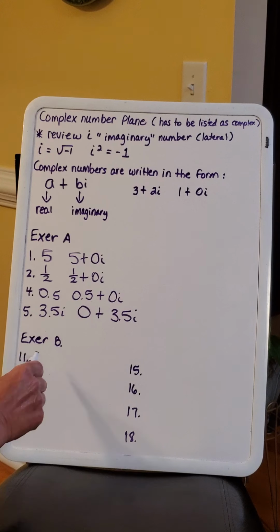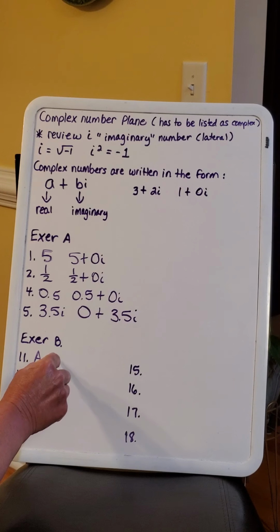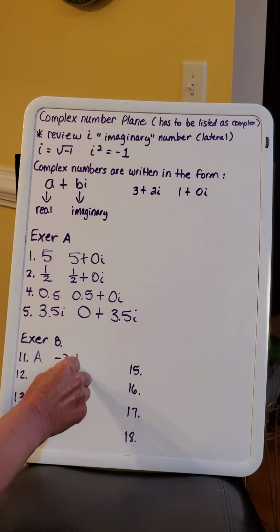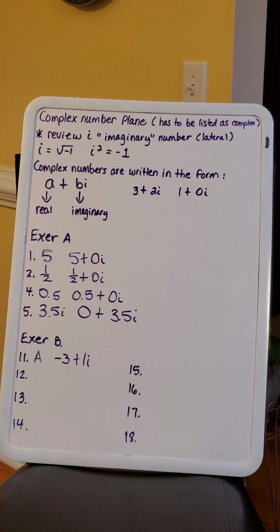Number 11 has point A. If you go to your graph and find point A, you'll see that it goes to -3 on the X and to 1 on the Y. So that would be -3 plus 1i. We have to put that i because it is a complex number.